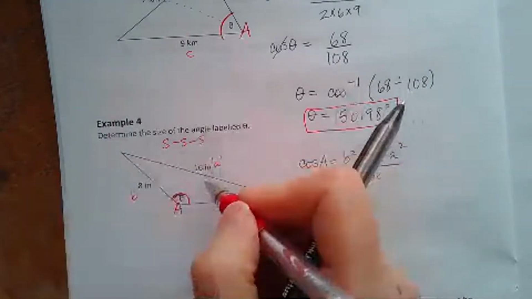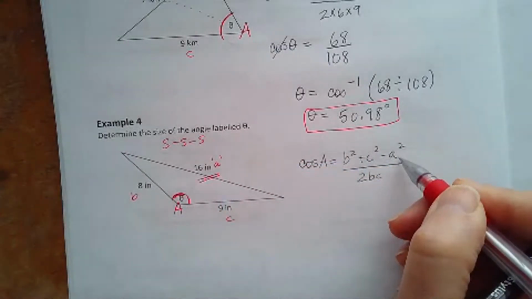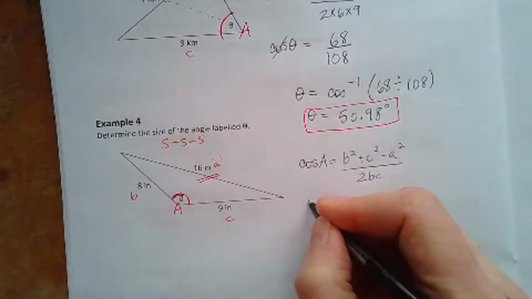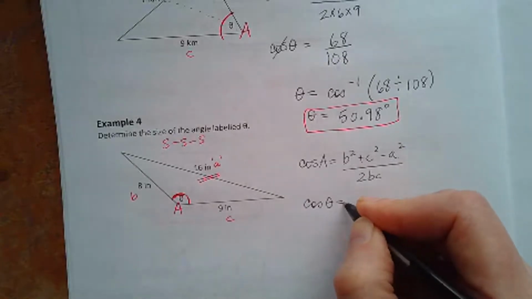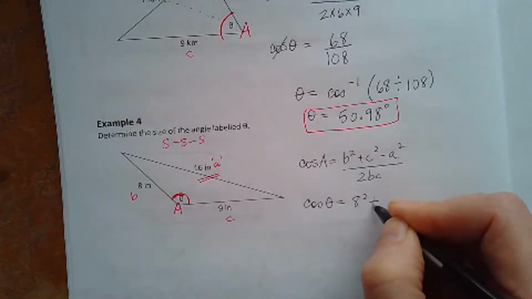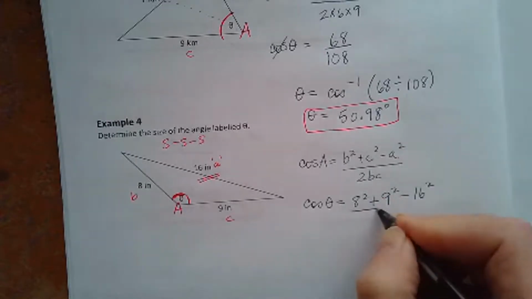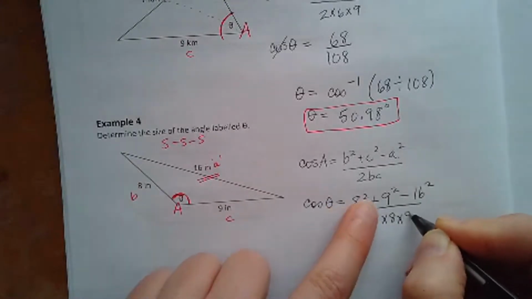Once you have that locked in, that's the number that gets subtracted, and that's a very important thing to make sure you put in the right place. So cos of theta equals B squared plus C squared minus A squared all over 2 times B times C.